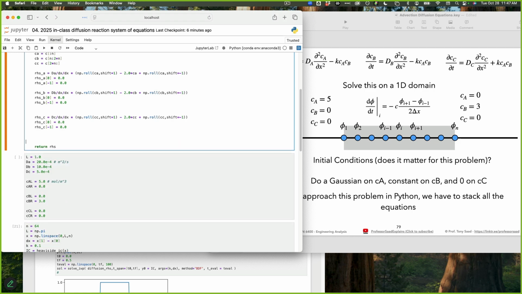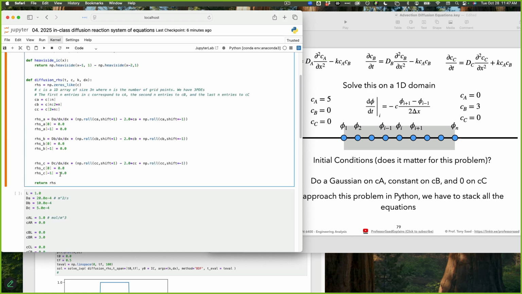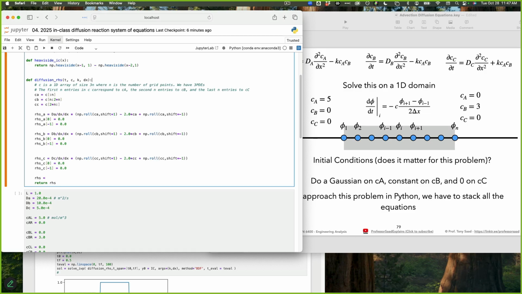I'm going to erase all of this. And that's it. Now before we return, I need to concatenate all of these things. So RHS will be numpy dot concatenate, and you need 2 parentheses here, RHS-A, RHS-B, RHS-C.